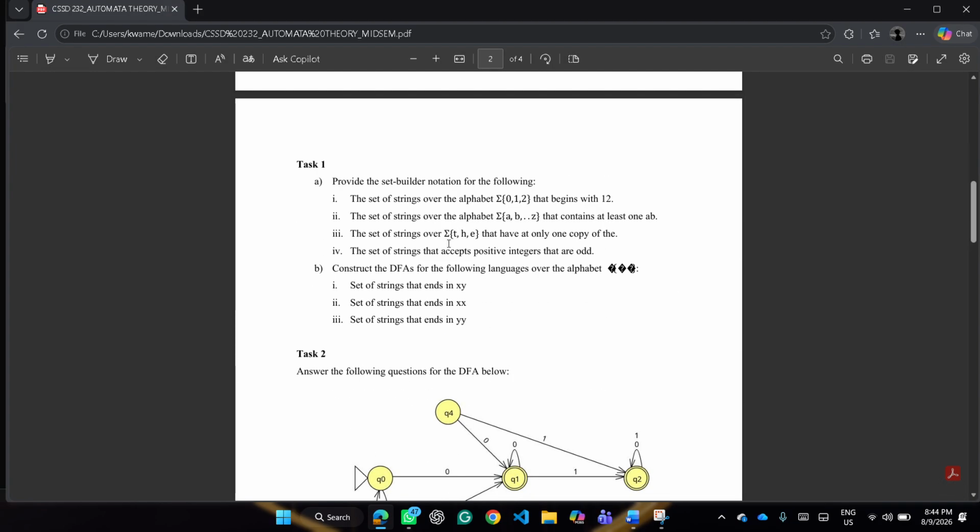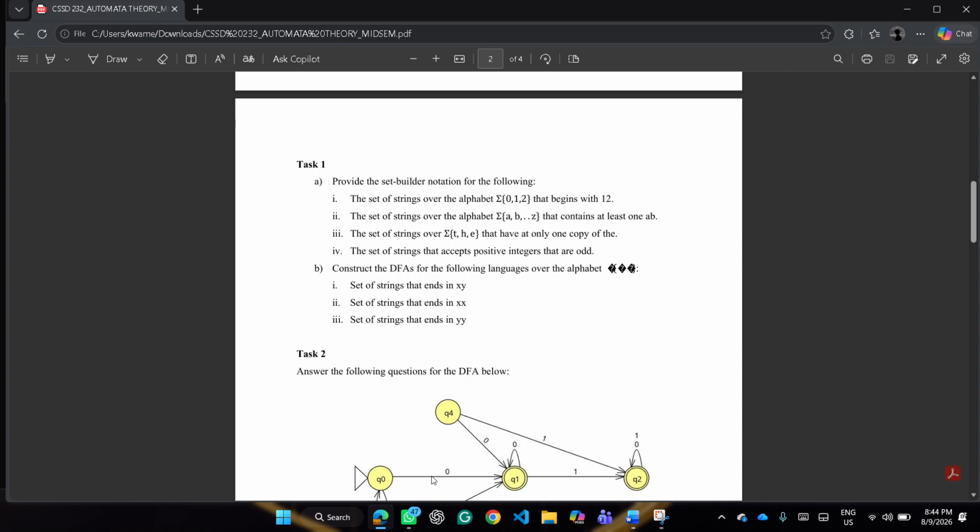Task one is to provide the set builder notation for the following terms: the set of strings over the alphabet {0, 1, 2} that begins with 12. Basically, the machine will accept any string that begins with 1, 2.